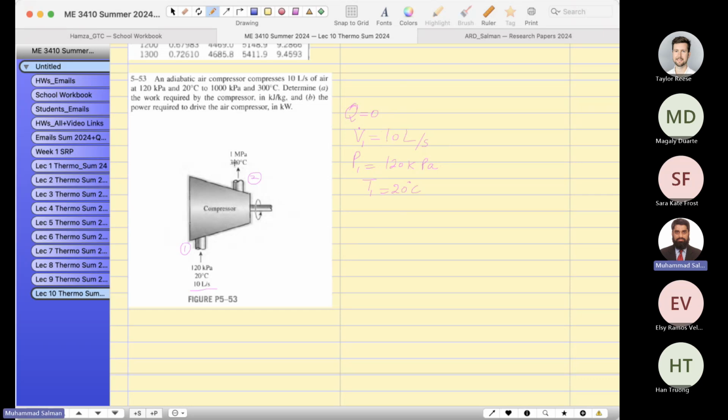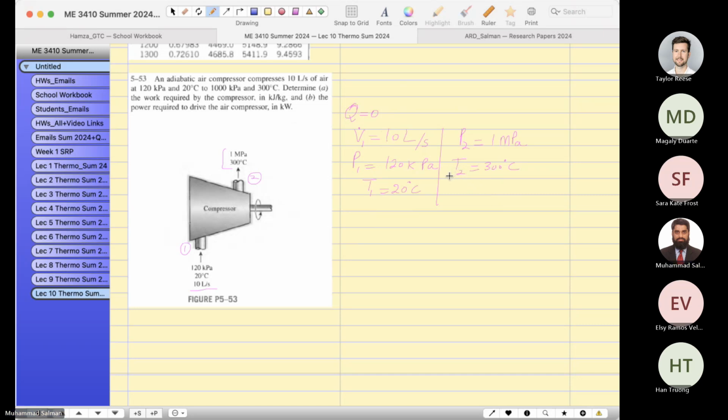The exiting state values are: pressure at the exit is 1 megapascal and temperature at the exit is 300 Celsius.